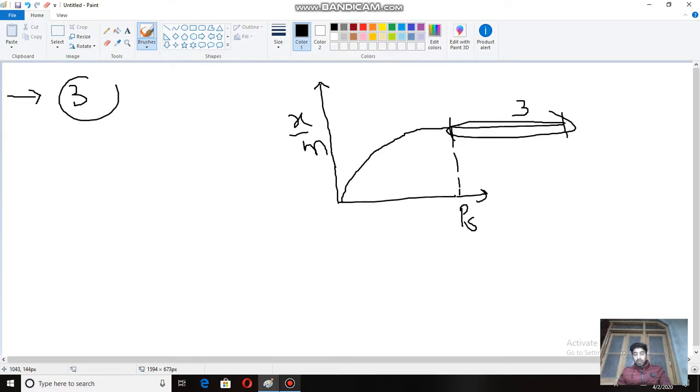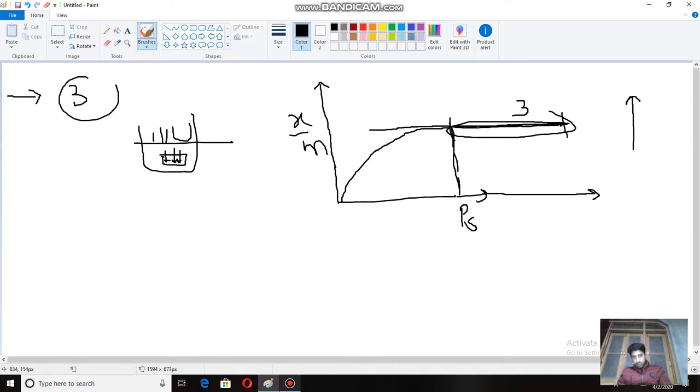I hope you remember, if we take a system and increase pressure, after some time there will be no change in the rate of adsorption. The rate of adsorption will be constant. That means x will not increase. We are increasing P, but x is not increasing. x remains constant. This pressure is known as the saturation pressure.